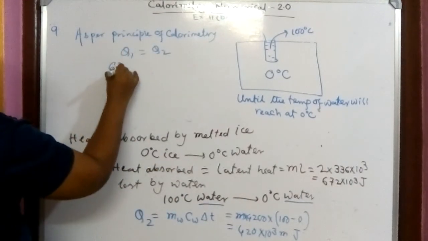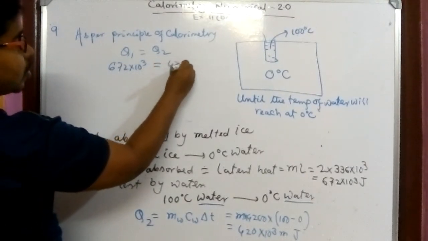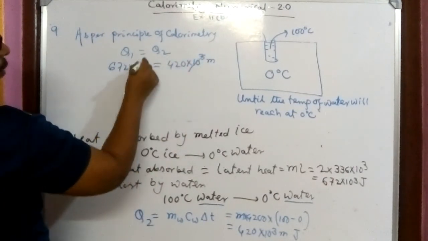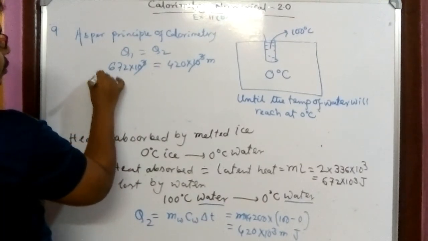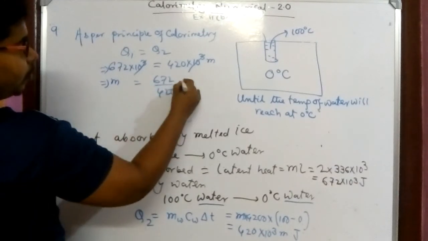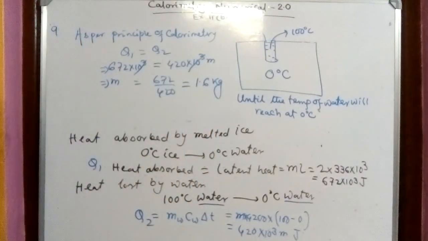Q1 is 672 into 10 to the power 3, equal to 420 into 10 to the power 3 into m. 10 to the power 3 cancels out. So m equals 672 by 420. If you solve it, it will come to 1.6 kg. So that much amount of water is used to melt the ice. You just calculate it, it will definitely come to 1.6 kg.